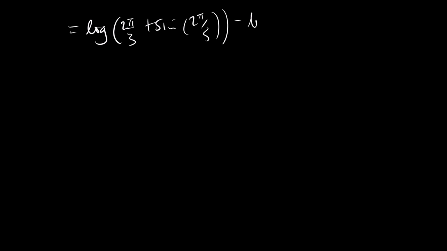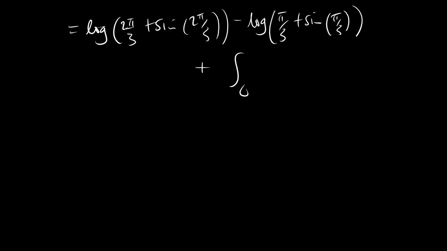So we've come to a problem that has log of 2 pi over 3 plus sine 2 pi over 3 minus log of pi over 3 plus sine of pi over 3, 0, not 0, but rather the integral from pi over 3 to 2 pi over 3, I have x sec squared x over 2 plus tangent x over 2.